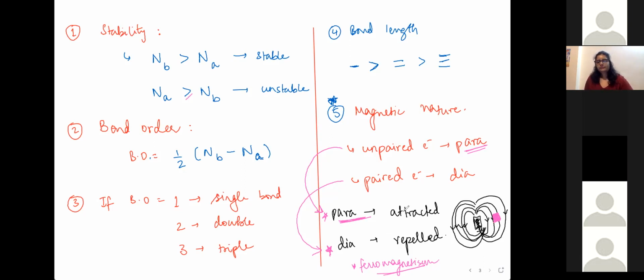So the electrons are affected and they all align themselves in a single direction within the atom. The substance is attracted to the magnetic field.